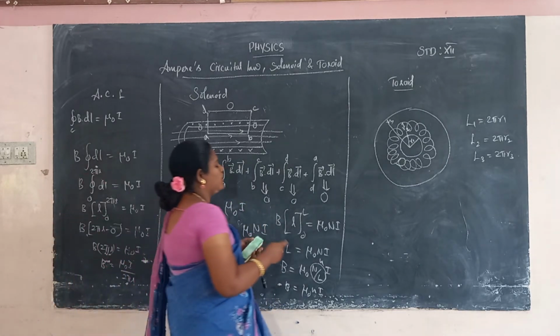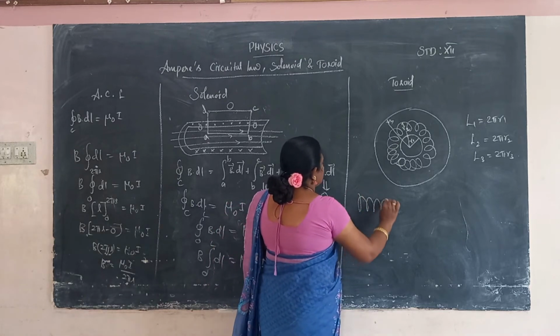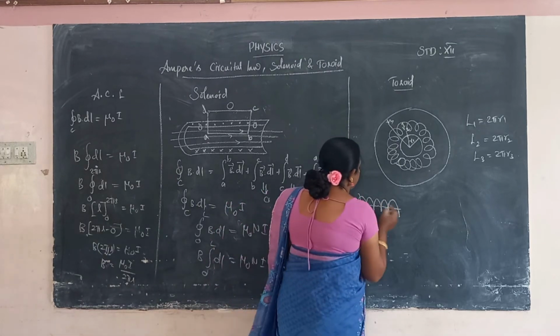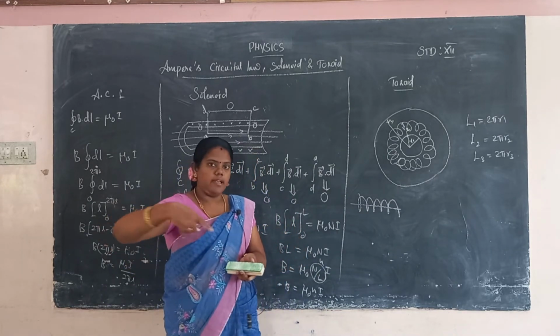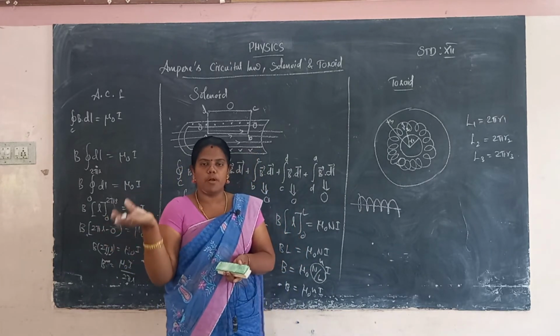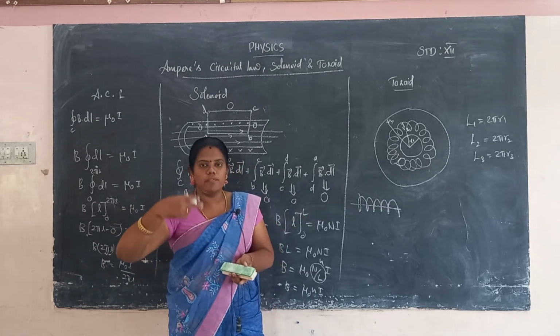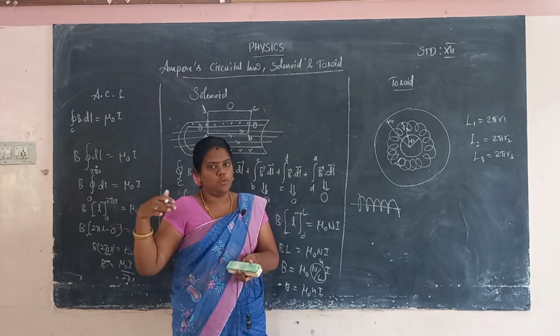Suppose you take one solenoid, and an iron rod is fixed in the middle part of the solenoid. The solenoid is in a helical form, the current is passed from one point to another, and some magnetic field is created in the middle part of the solenoid.